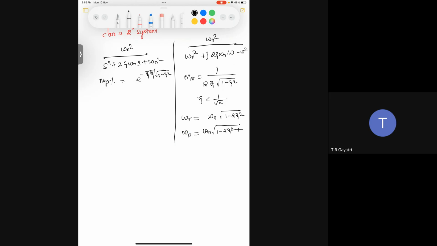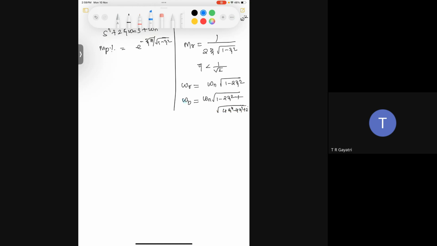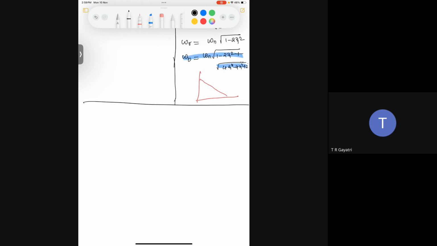The bandwidth we will find using omega n times a somewhat expanded formula, root of 4 zeta power 4 minus 4 zeta square plus 2. You don't have to do all these things to find the bandwidth frequency. You can easily find it from the Bode magnitude plot or asymptotic plot, so that we will see. You don't have to panic about this, and you don't need to memorize all these things. It's a standard formula.